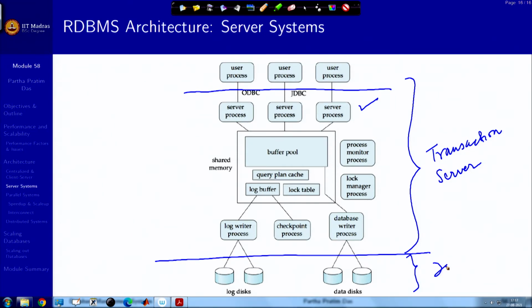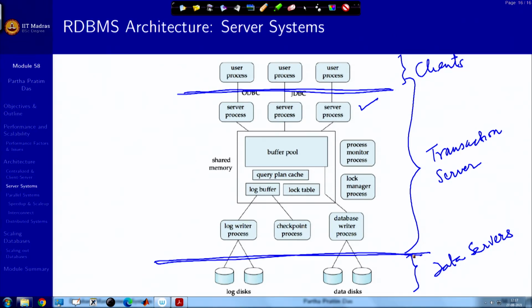On this side you have data servers, here you have your clients. So, this is an interface which is loosely connected. This is an interface which may be a high throughput LAN or WAN system.